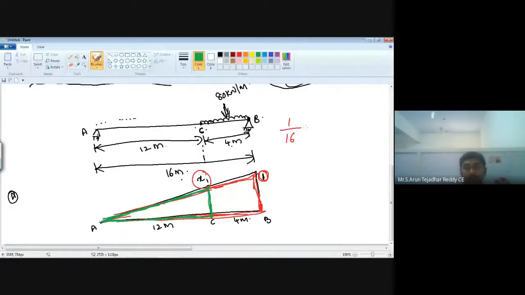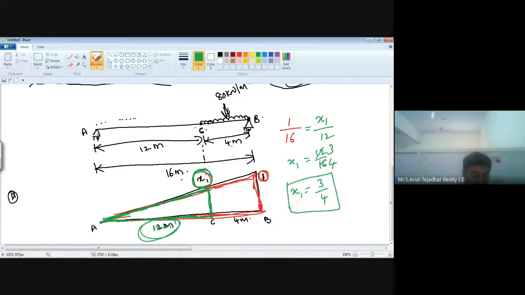Now equal to, what is the perpendicular here? x1. x1 is the perpendicular by base. Base is remaining distance 12 meter. Where x1 is equal to 12 by 16, that is 3 by 4.